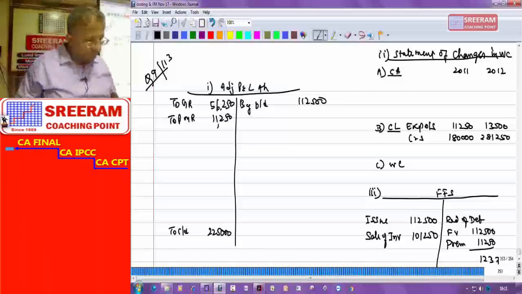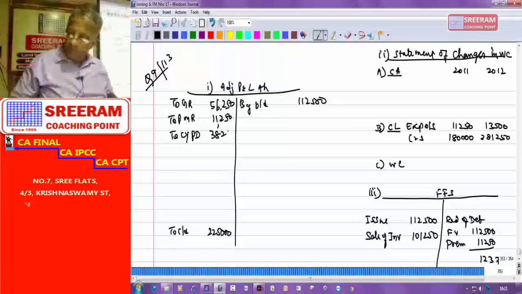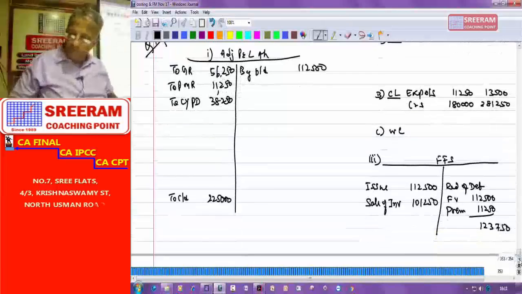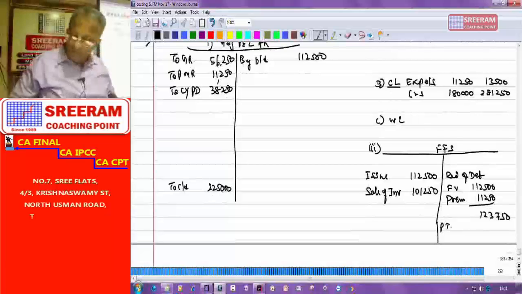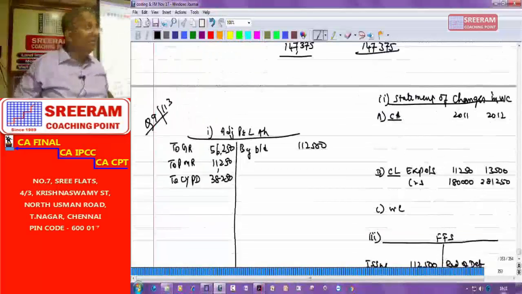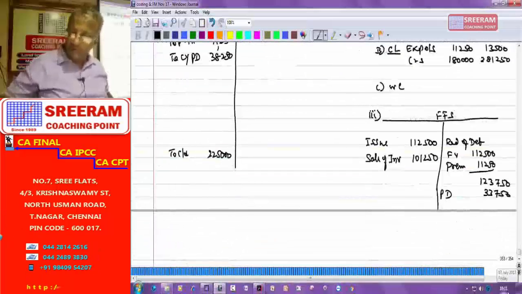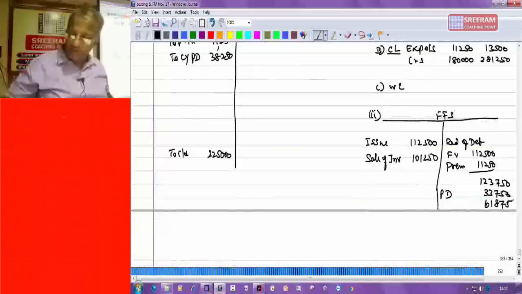Then proposed dividend, current year proposed dividend 38,250, proposed dividend 33,750. For provision for taxation, we have already made a discussion there. 61,875, tax paid.